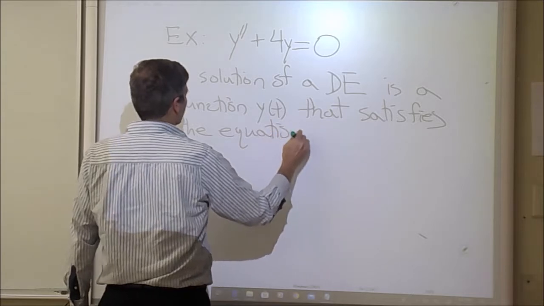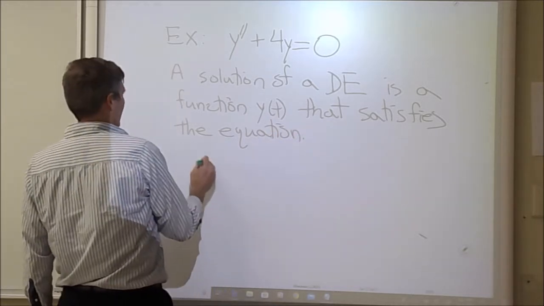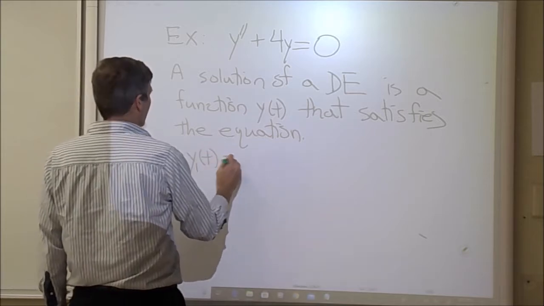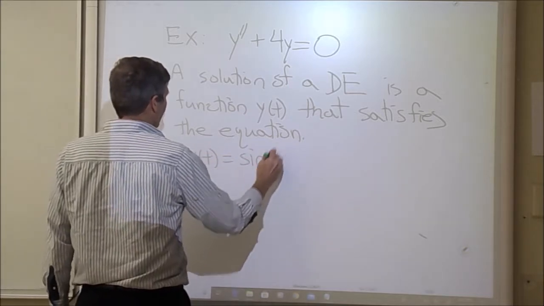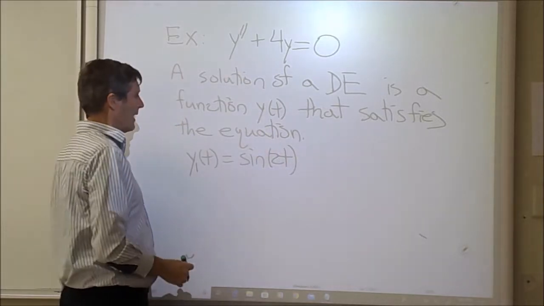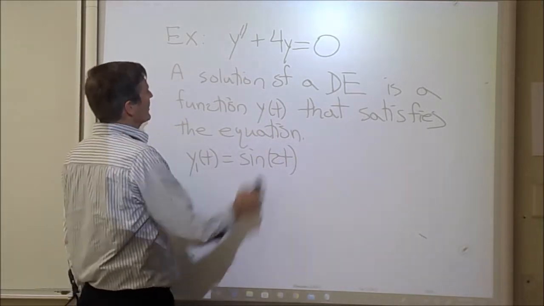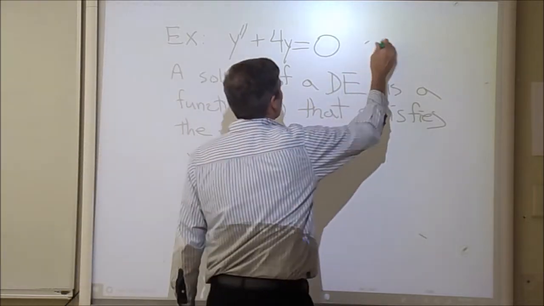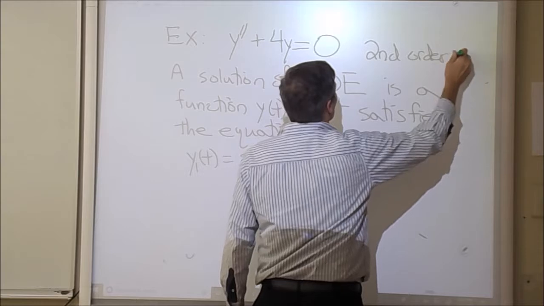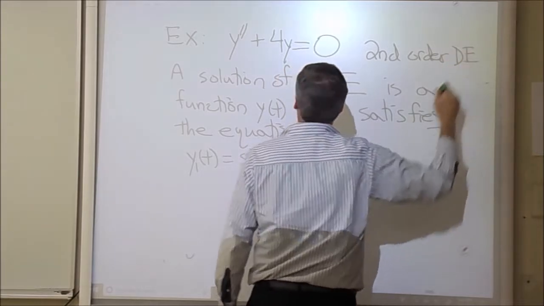For instance, suppose I consider y1 of t equals sine of 2t. Is that a solution to this differential equation? You can test it just by taking its derivatives and plugging it in. This is a second order differential equation, because the highest derivative is the second derivative.